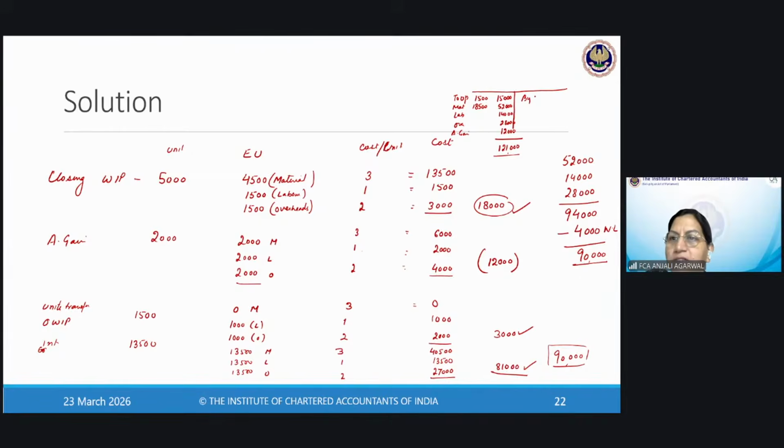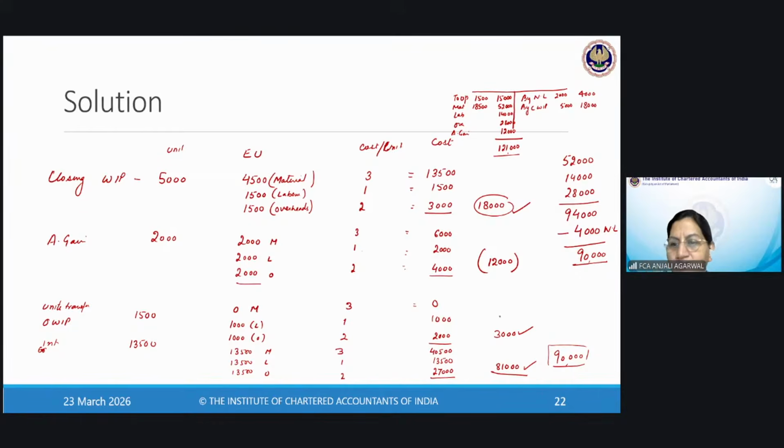By normal loss, 2,000 units, fetching 4,000. By closing WIP, 5,000 units, 18,000.